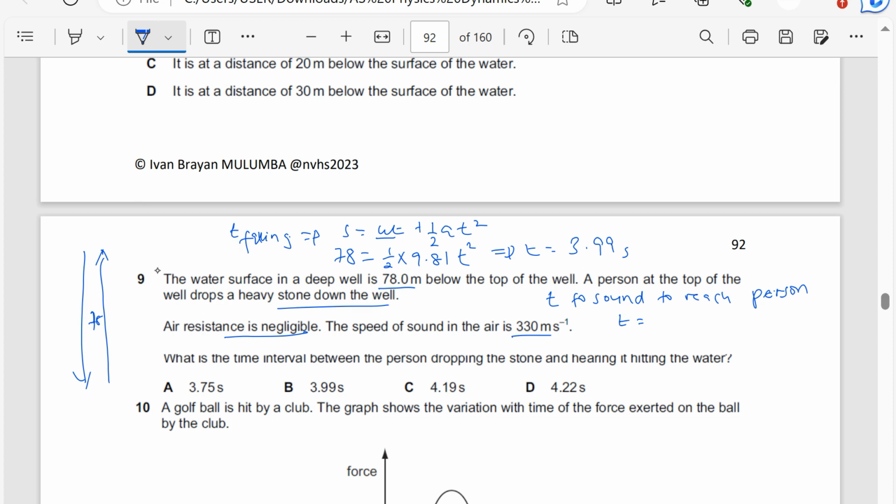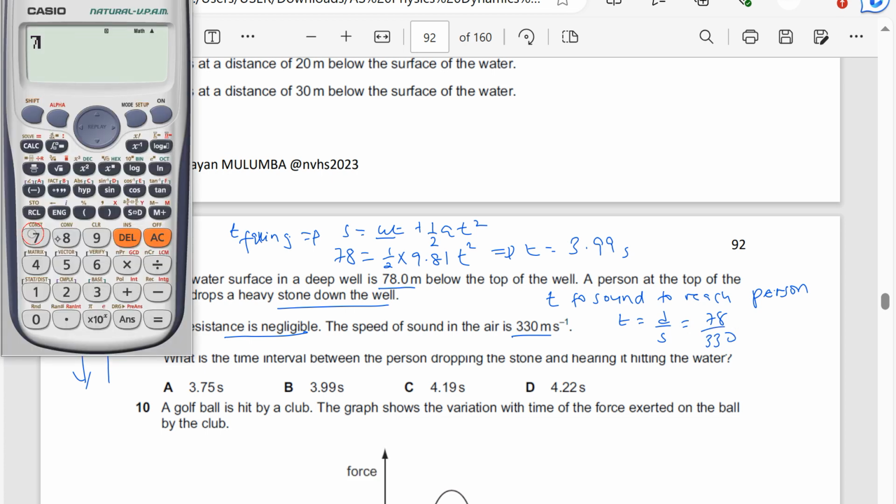The distance is 78, but the speed is 330. So 78 divided by 330. So that is 0.236 or 0.237.